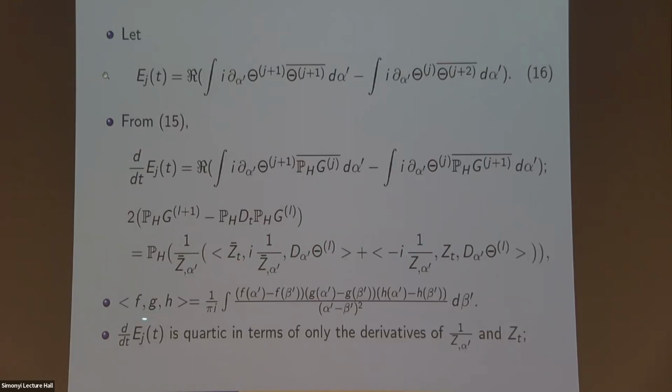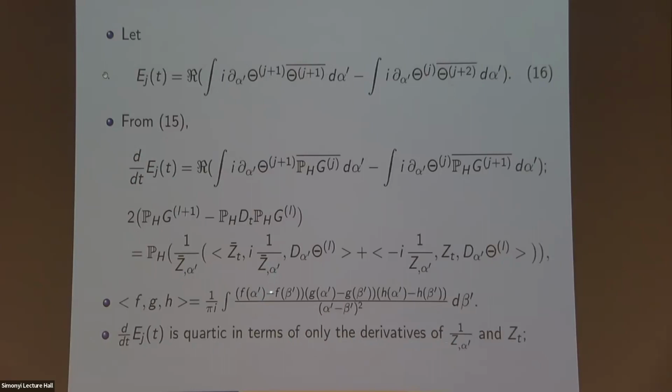What is this quantity? It's a very symmetric form: two derivatives, one derivative, zero derivatives, one derivative, and l derivatives. So this quantity is quadratic in terms.